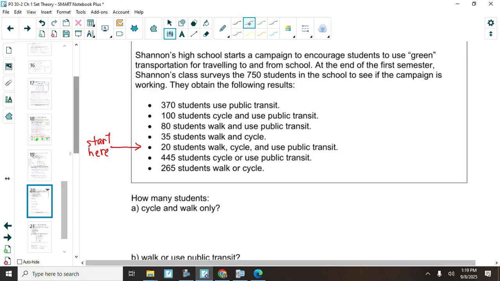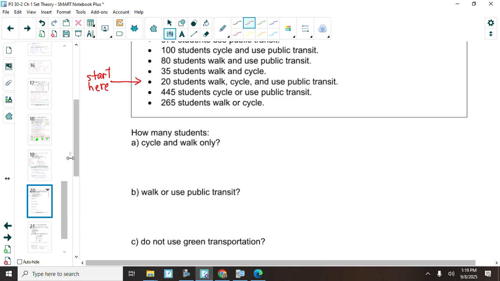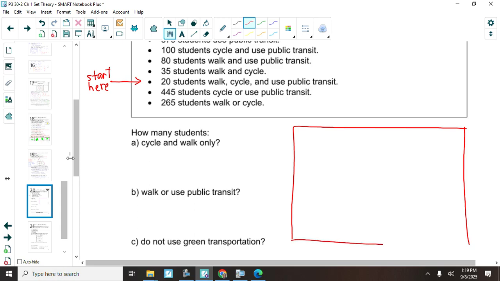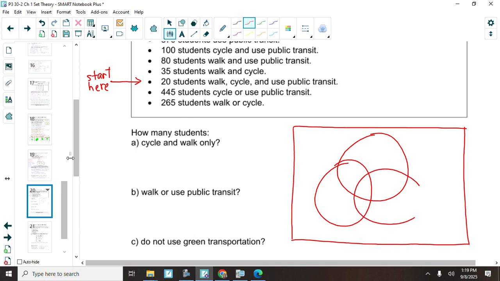This is the middle part. Let me draw my diagram right here. My circles aren't awesome, but that's okay. All right, so we have our 20 in the middle.